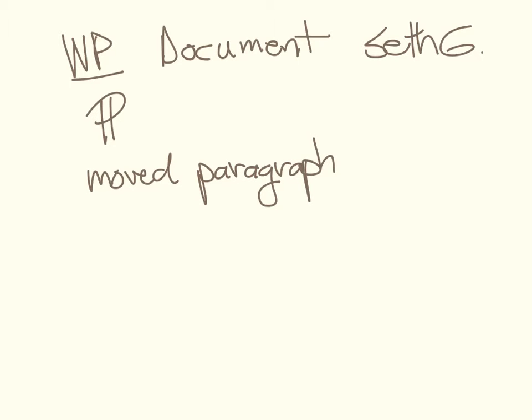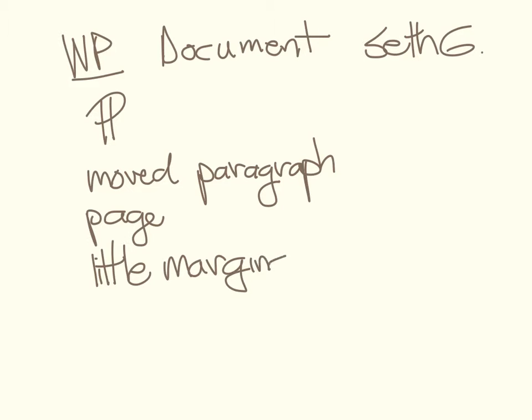Pretty simple. We looked at what the page looks like. We did a little bit with margins, and I indicated we looked at the ruler at the top of the page. All this was in Microsoft Word.